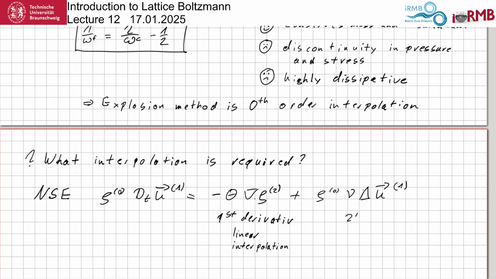Here, for the velocity, we have a second derivative. So in order to actually get a second derivative, if you have just a linear interpolation, so we take two derivatives, it will always turn out to be 0. So in order to represent this in the first place, we need to have at least quadratic interpolation.